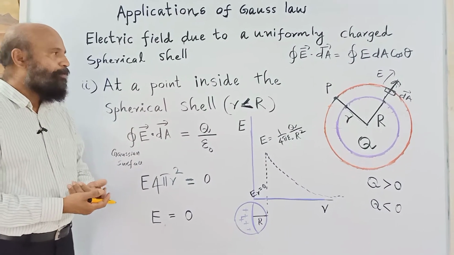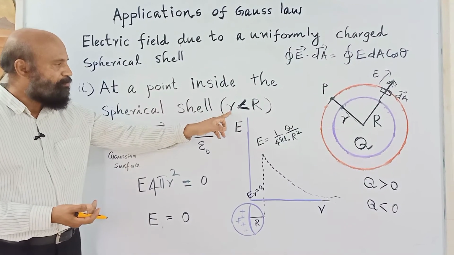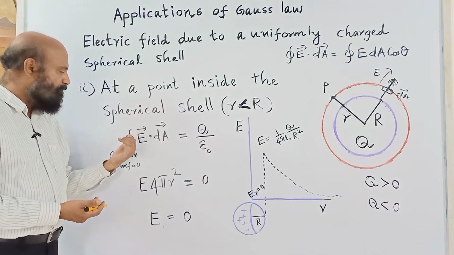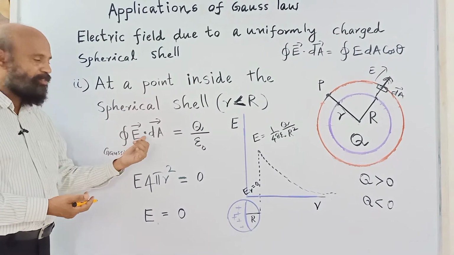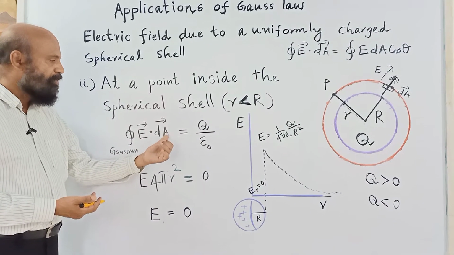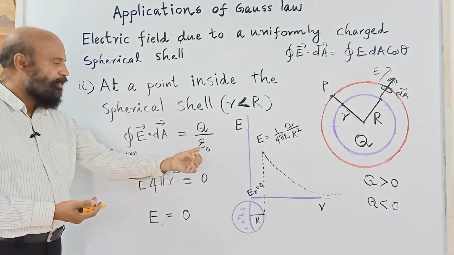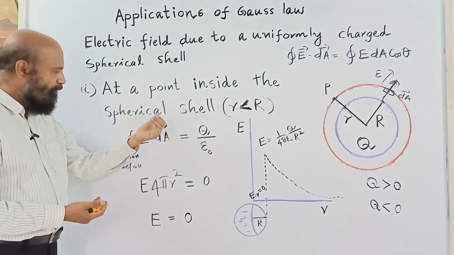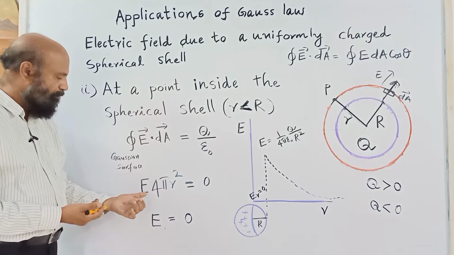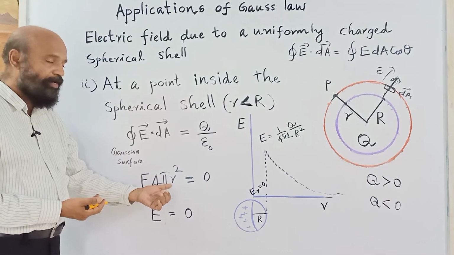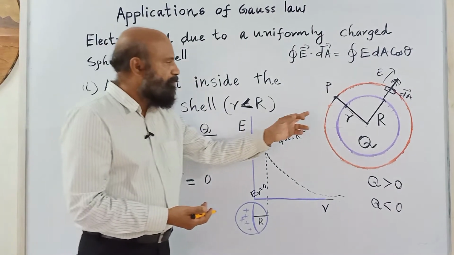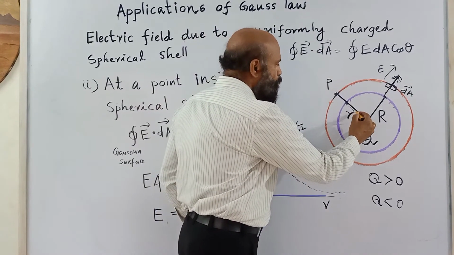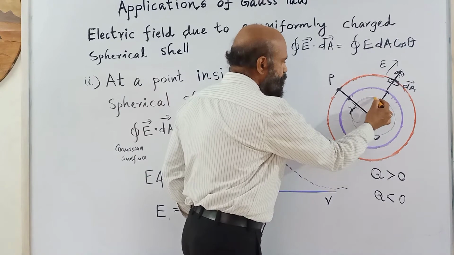Electric field at a point inside the spherical shell. That means small r is less than capital R. Flux is given by this relation, integral of E vector dot dA vector is equal to Q by epsilon 0 according to Gauss law. Same as in the first case, this can be written as E into 4 pi r square. Here the point is inside the spherical shell, so the Gaussian surface will be inside.